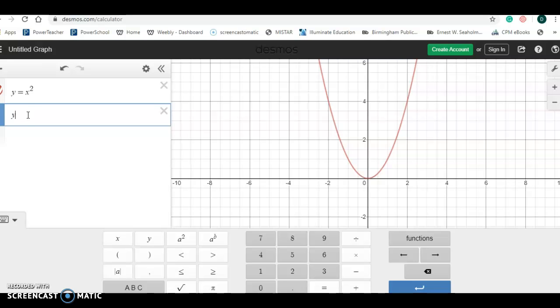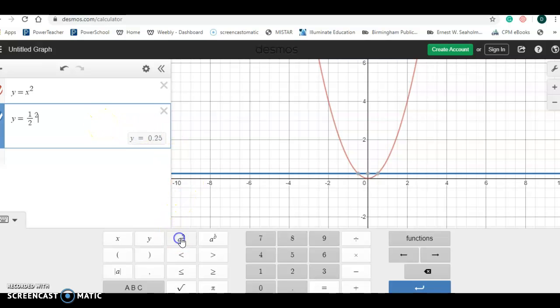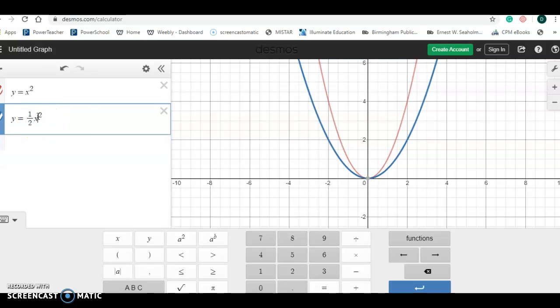So y equals 1/2, and then I'm going to square that. Oops, I forgot that x in there. So 1/2 x squared. And the third one was y equals -2x squared, and you'll see that that opens downward.